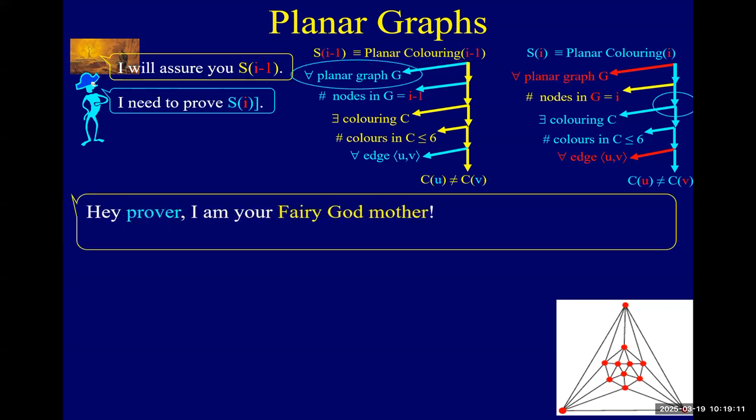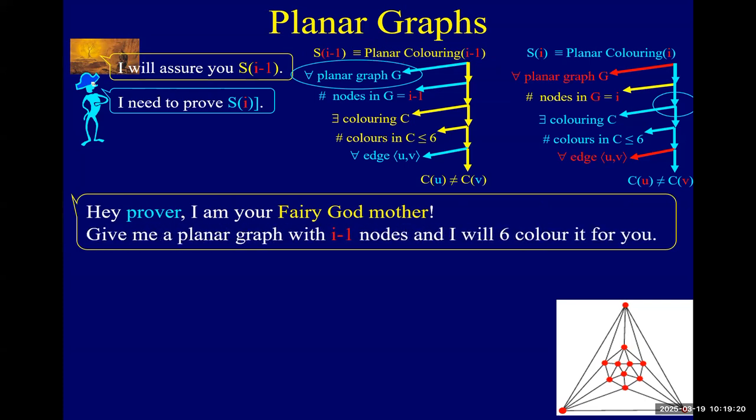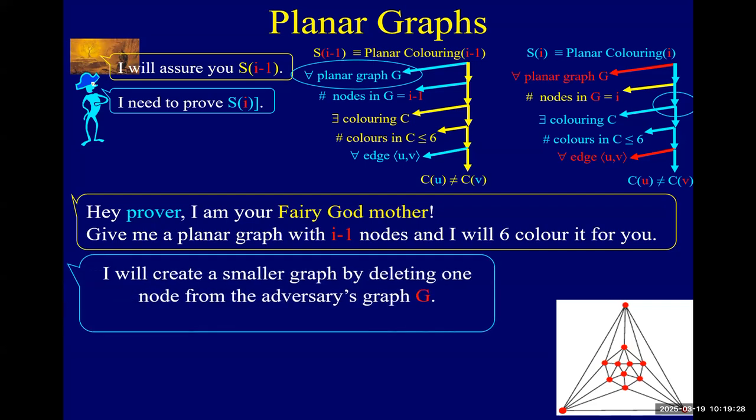All right. So we're going to go over to our oracle, and we say, oracle, you claim something about every graph, right? So she's saying you can give me a graph with I minus 1 nodes, right? And what will she do? She will color it, right? So how do I get a graph for her?